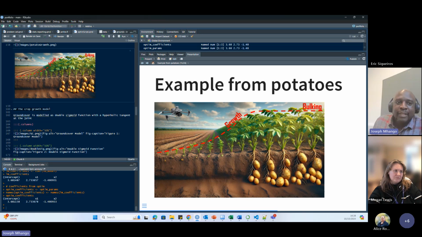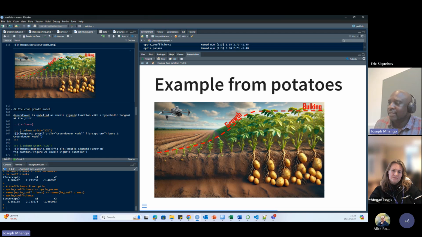So when you give somebody potato data, they want to fit some sort of sigmoid growth curve to the data if you give them potato ground cover data. Because from that sigmoid growth curve, they can then calculate how fast the rate of growth, how it changes, the rate of senescence when the crop is drying.